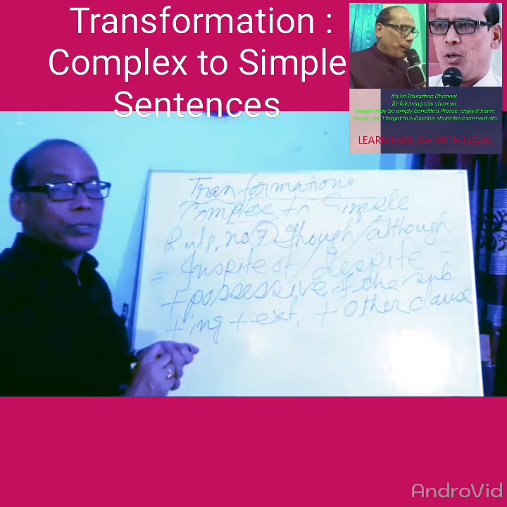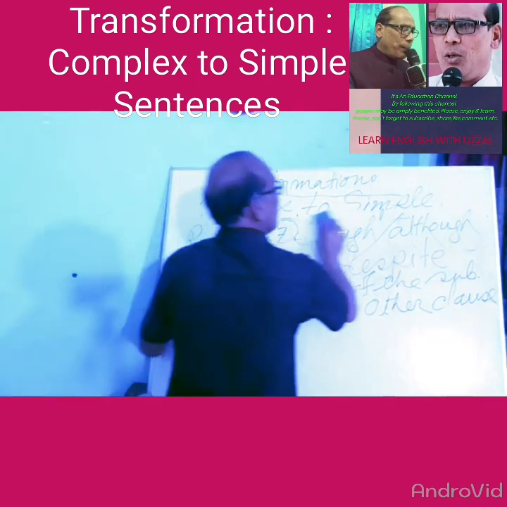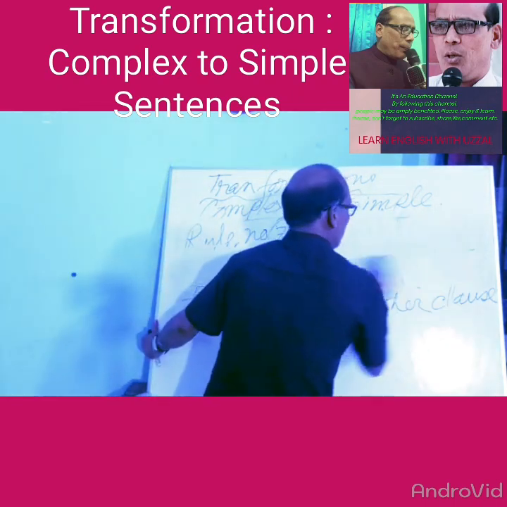It seems to you a little bit difficult, but when I give you an example, it will be very easy, I think. Please follow me and I'll make it easier.